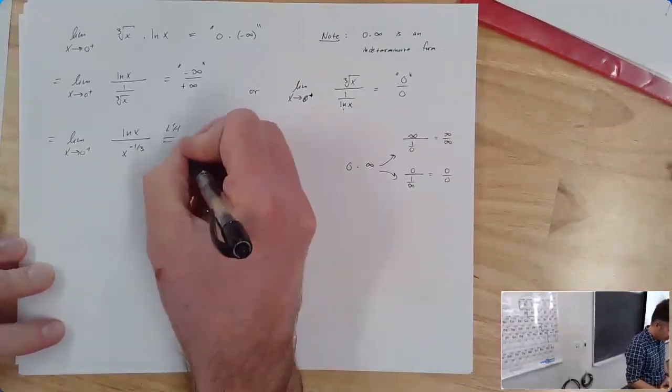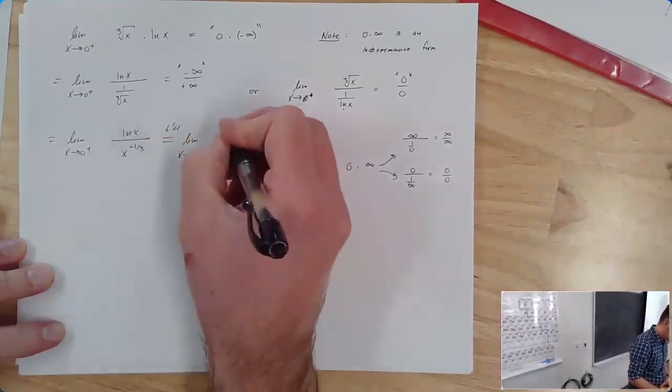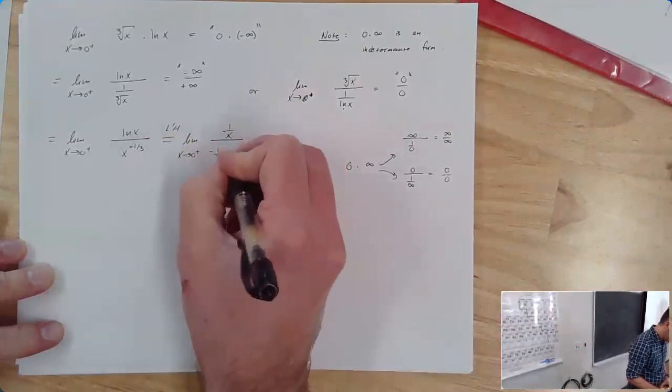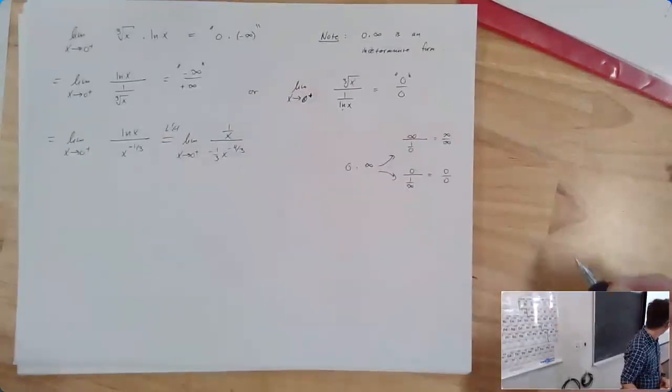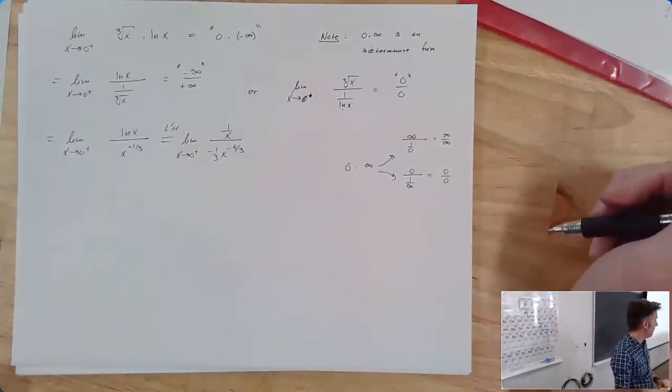So it's going to be the limit as x approaches 0 from the right. The derivative of the natural log of x is 1 over x. The derivative of x to the negative 1/3 is negative 1/3 x to the negative 4/3. Once again, we're in a case where we have just essentially powers of x. We should definitely simplify.